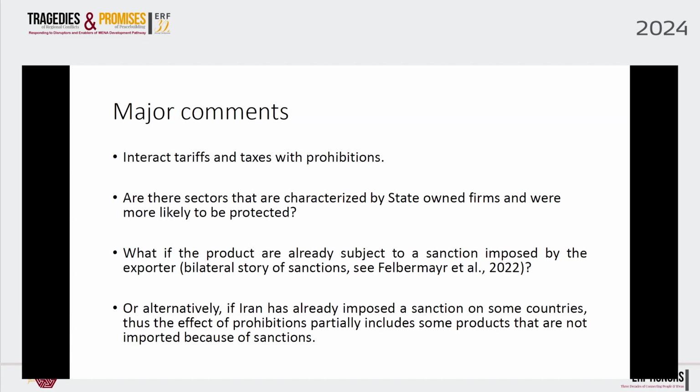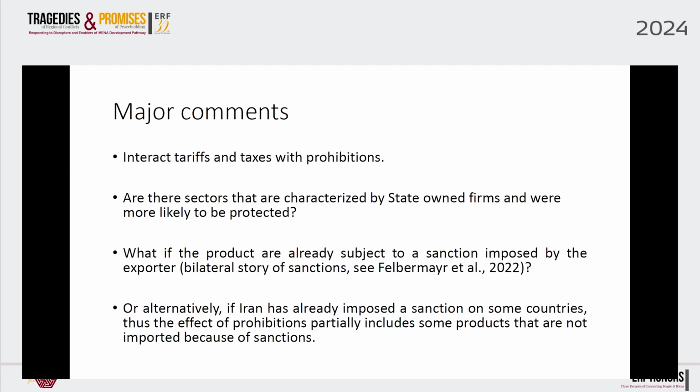And then a third point also, I was wondering what if the products, as I mentioned in the beginning, are already subject to a sanction imposed by the exporter. And we know that if we look at the data set that was constructed by Feldmayer and Yotov on bilateral sanctions, if we look at the trade sanctions, we have a lot of countries that impose on Iran trade sanctions, and Iran also imposes on those countries trade sanctions.